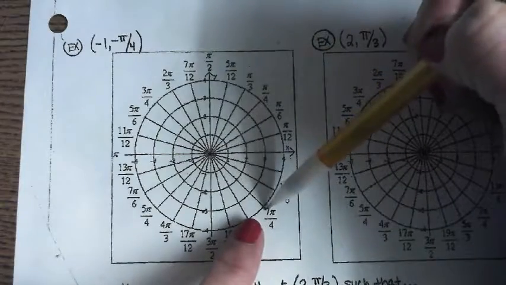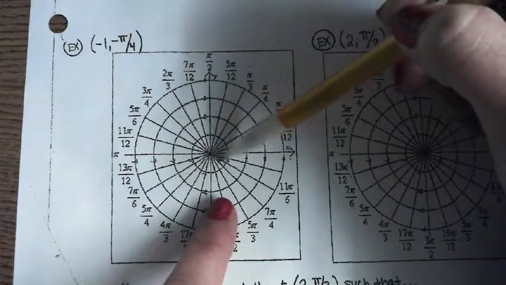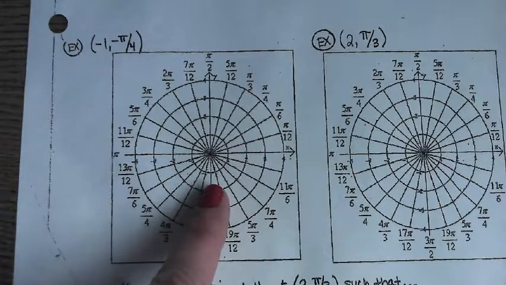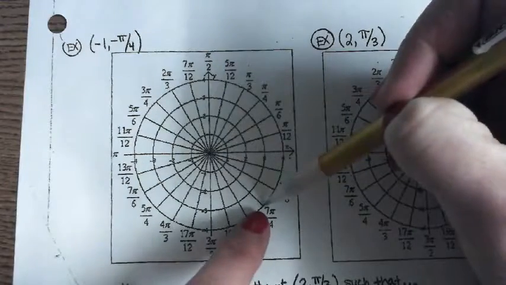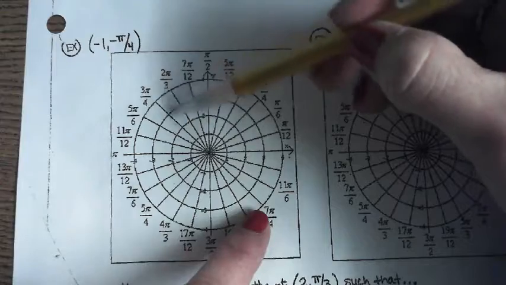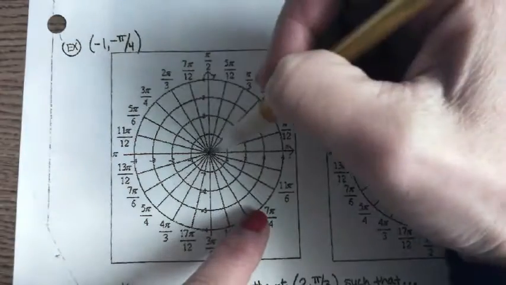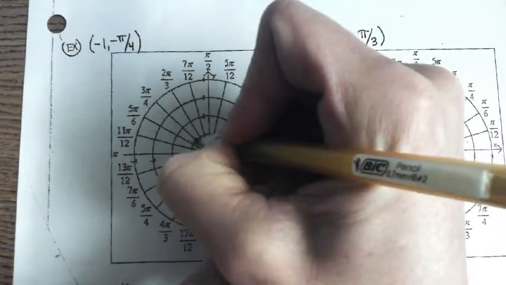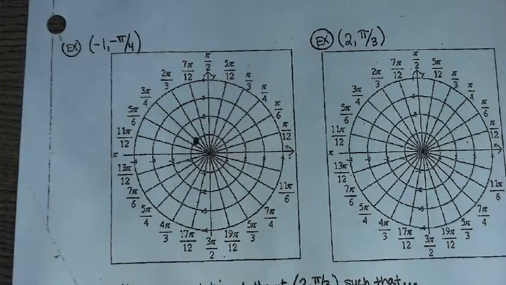Now, it may be hard to see where the extension of this particular ray is, but that's where, Lily, what you had said earlier is a good thing to notice. So if you're going to the opposite ray of 7 pi over 4, that's going to be the 3 pi over 4 one in the second quadrant. So on that ray, be at negative 1. Good.